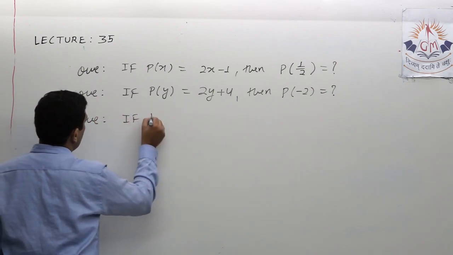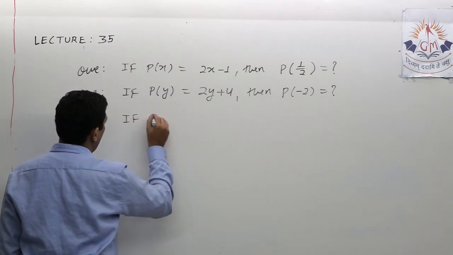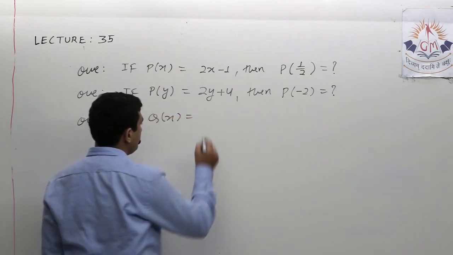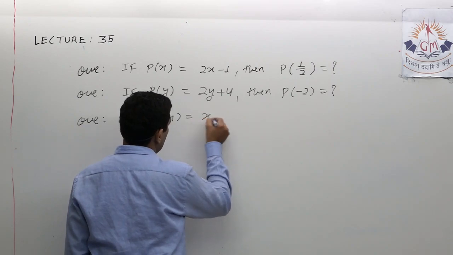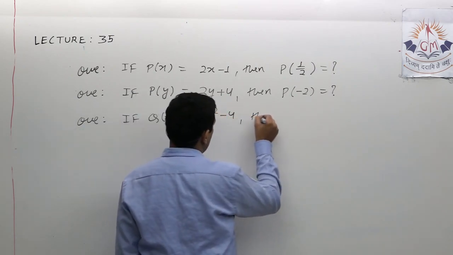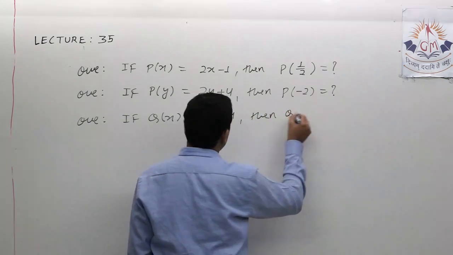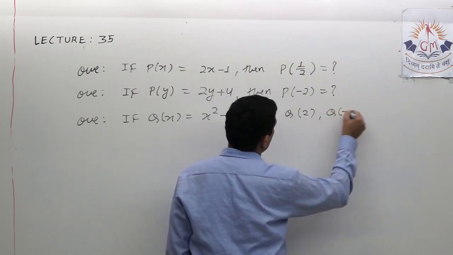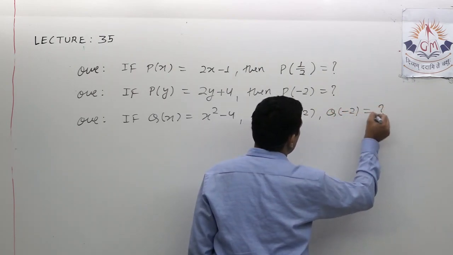If q of x is equal to x square minus 4, then find the value of q of 2 and q of minus 2.